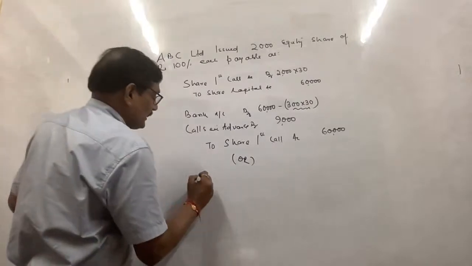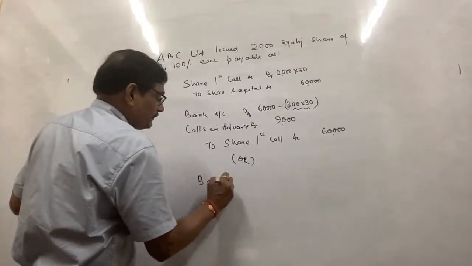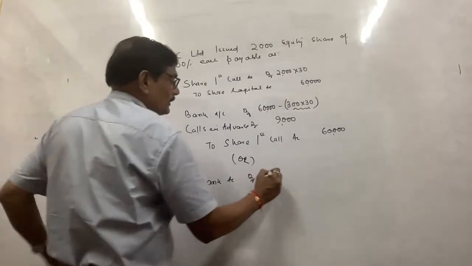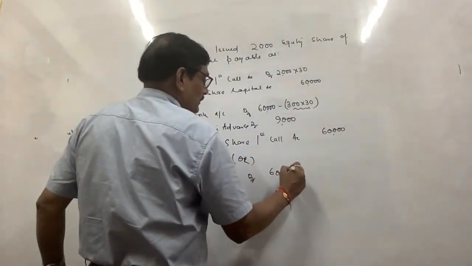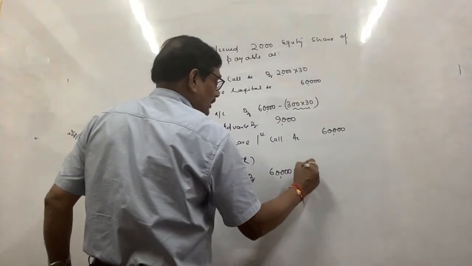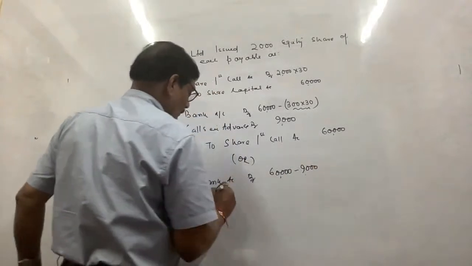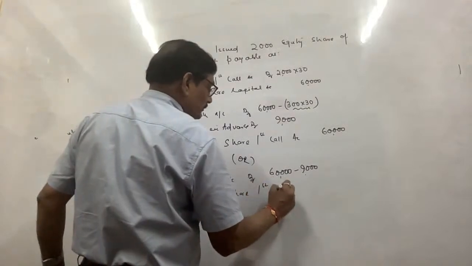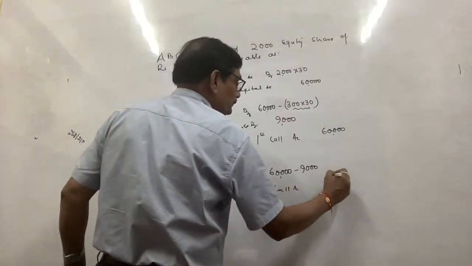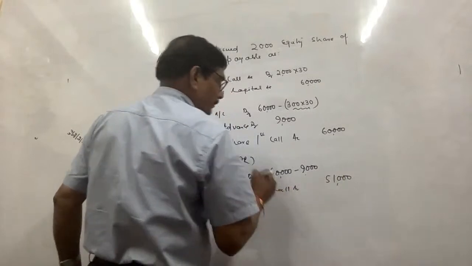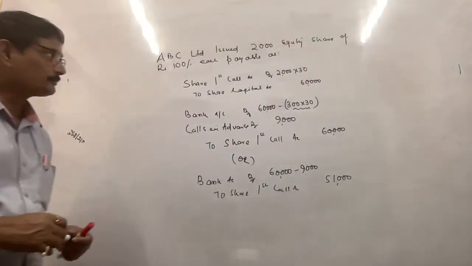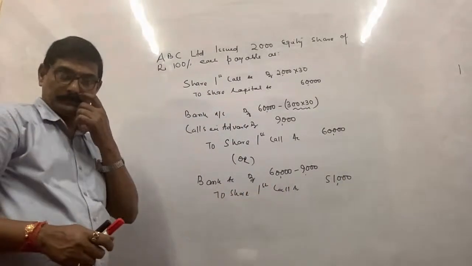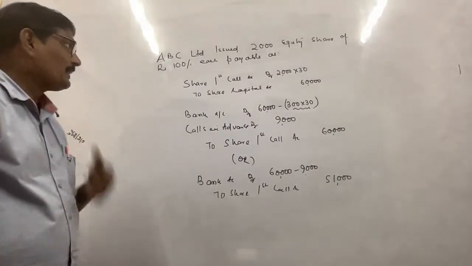In that case, here the entry will be bank account debit 60,000 minus 9,000, to share first call, 51,000. Right?